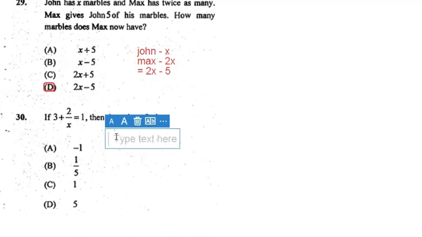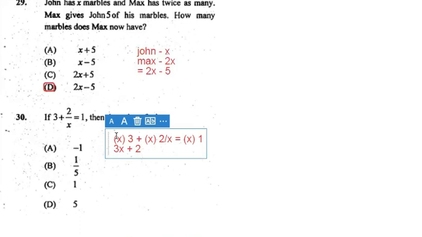So if we multiply the entire equation by x to cancel the x at the bottom, below the 2, we will have x multiplied by 3 plus x multiplied by the 2 upon x, and that is equal to x multiplied by 1, and we're now left with 3x plus 2.